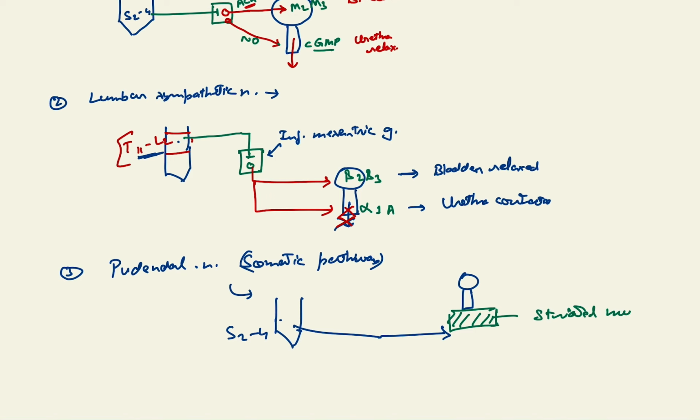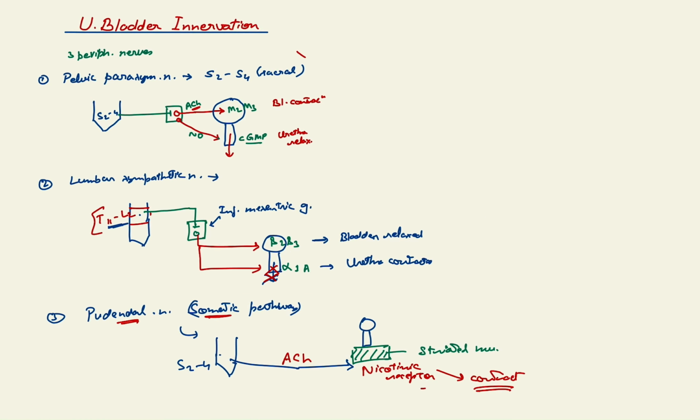This has different receptors called nicotinic receptors. When the pudendal nerve fires via the somatic pathway, it releases acetylcholine, and when it fires, it makes the urethra contract, right?